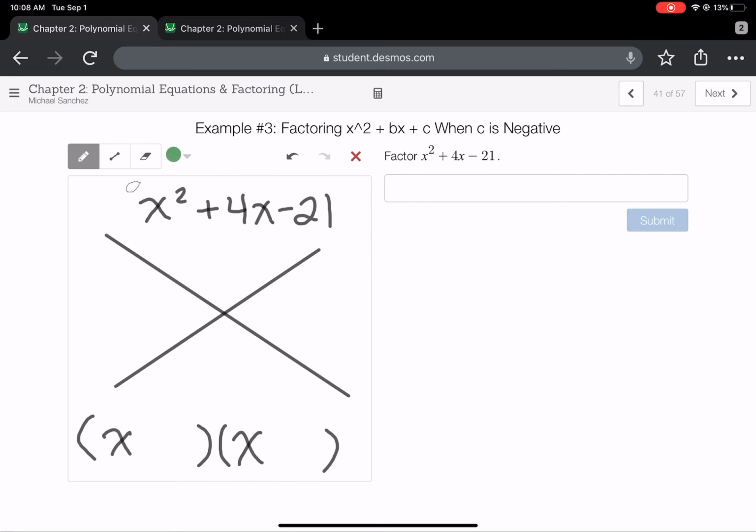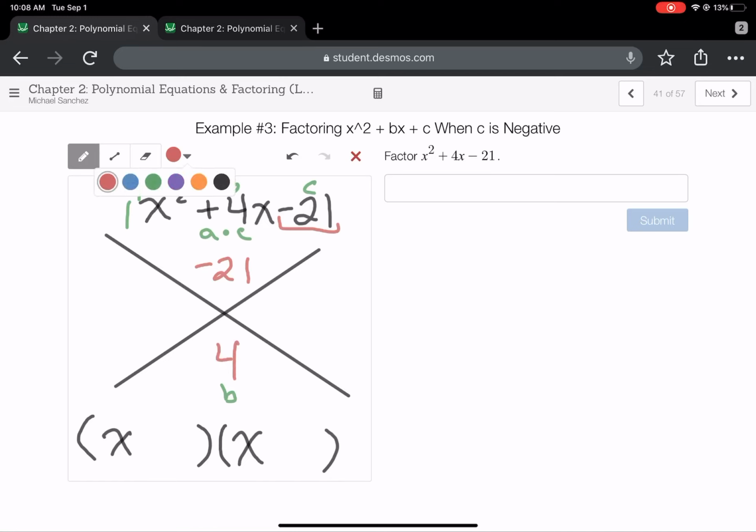So once again, label A, B, and C. Top of our x, we're going to have A times C. Bottom of our x, we're going to have our B term. 1 times negative 21 is negative 21, right? So that's our C term here. At the bottom, we have our B term, which is 4.